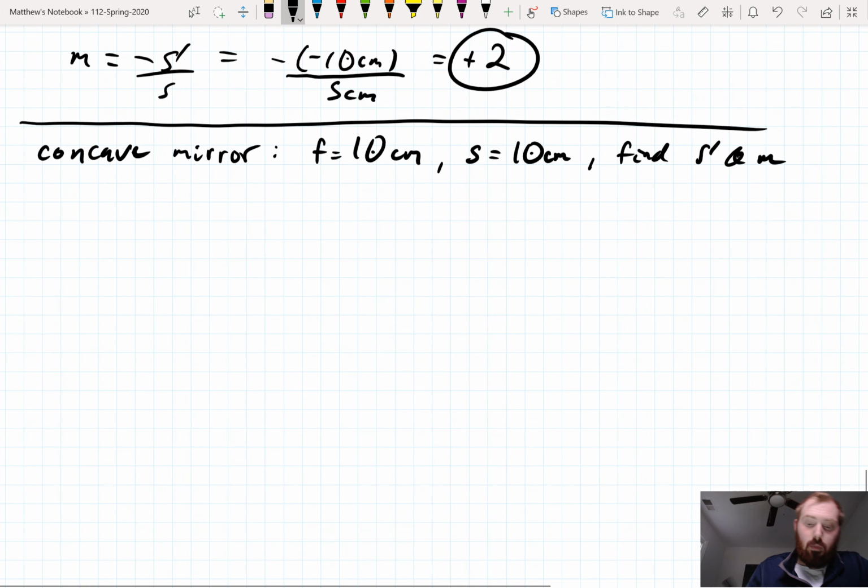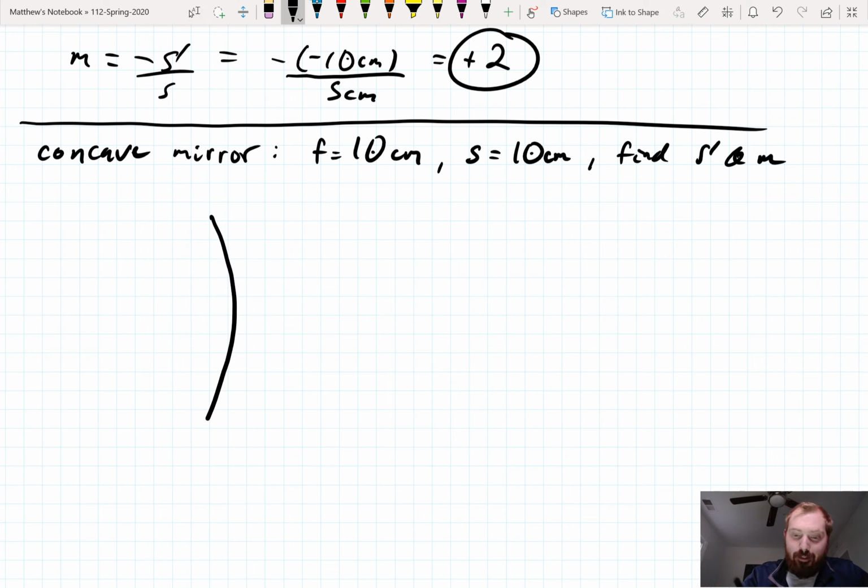All right. Do the drawing before the math. Cannot emphasize this enough, guys. So here's my focal point. I'm just going to draw the object right on top of it. Well, let's start shooting some rays.